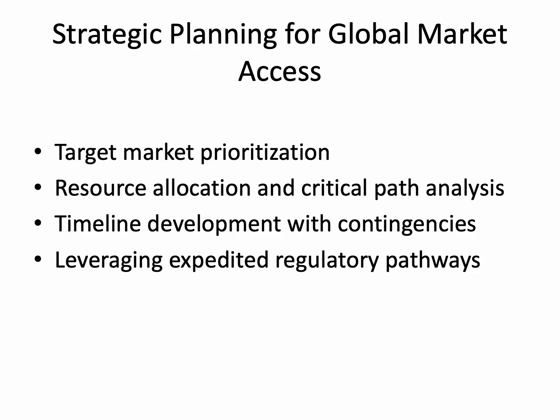Contingency planning allows sponsors to respond to unexpected regulatory questions or delays without compromising overall project timelines. Expedited pathways, such as FDA Breakthrough Device Program or EU MDR fast-track provisions, can accelerate access for innovative or high-priority devices. Strategic planning ensures efficient use of resources while maintaining regulatory compliance and maximizing the probability of successful global commercialization.